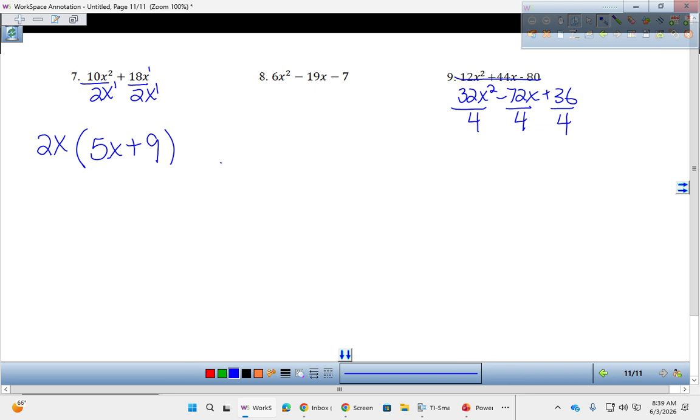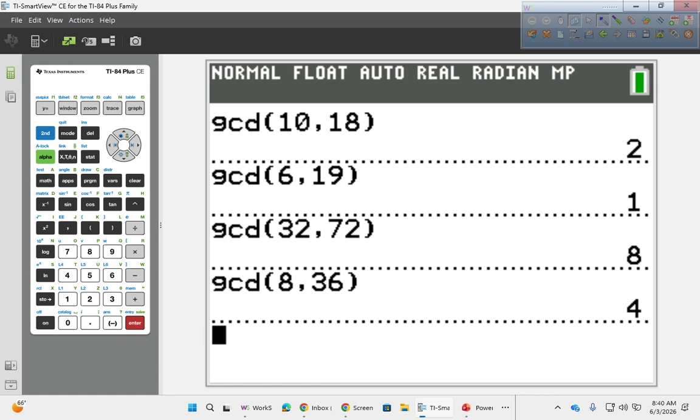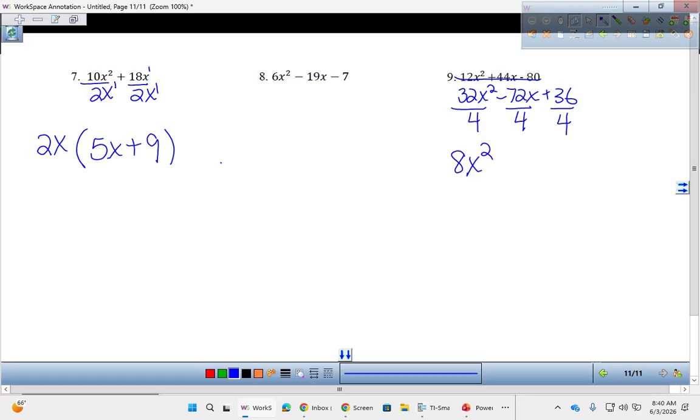All right, so we get 8x squared, 32 divided by 8, 4. Minus 18x plus 9. Most important part of the GCF?